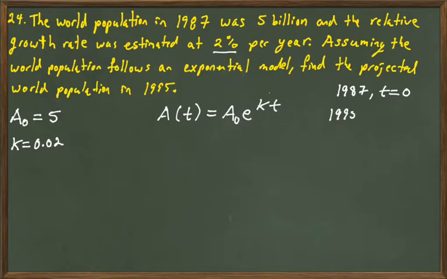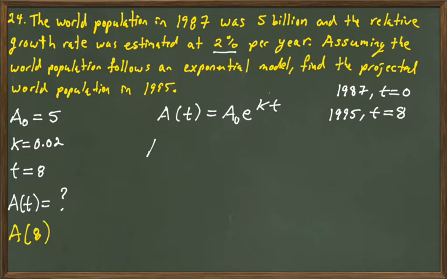Okay, and then they're asking us to find what's the world population in 1995. So from 1987 to 1995, that is 8 years. So that gives us a time of 8 years. And then we're finding A sub t, or you can think of it as we're finding A sub 8 because we do have a particular value here. Okay. So we got all the parts there, so we're going to go ahead and plug it in.